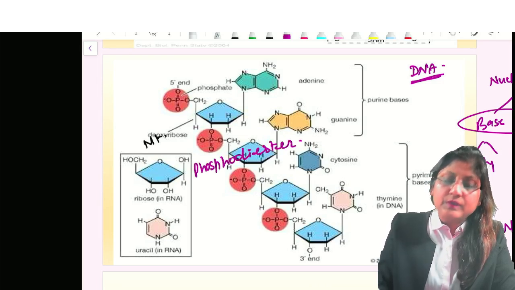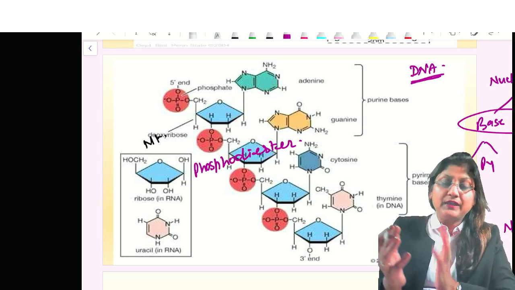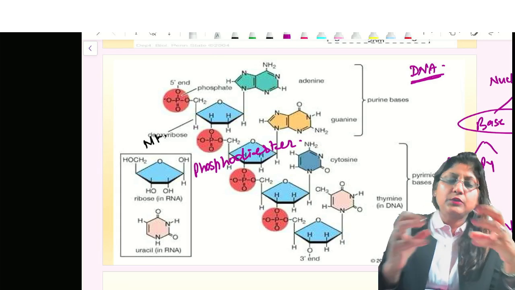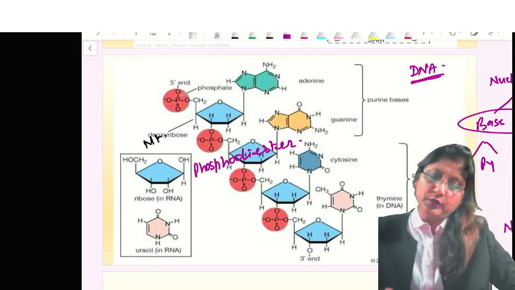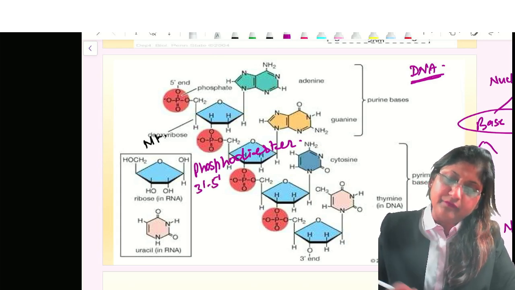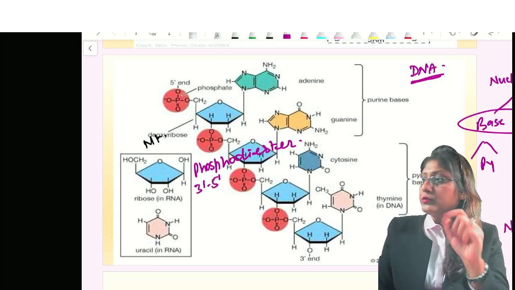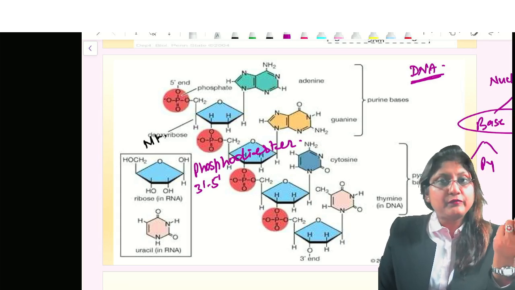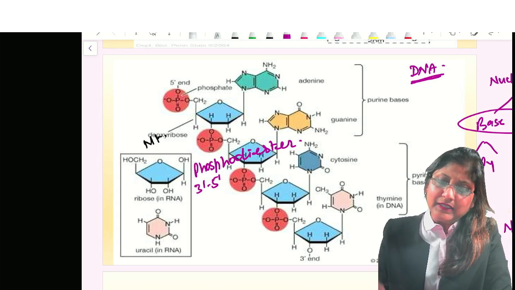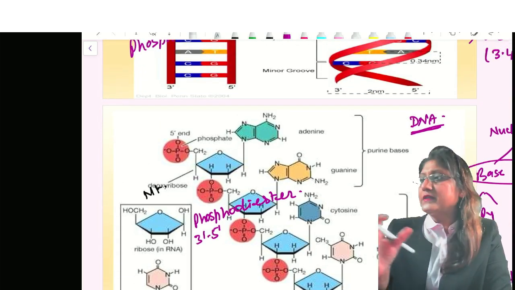To be more specific, if you want to say polarity-wise, what is the correct name for the phosphodiester bond which links the nucleotides together to make you a polynucleotide, you must know it is the 3 prime 5 prime phosphodiester bond, because it's always going to be the third hydroxyl and fifth phosphate which is going to make you the phosphodiester bond. So these are certain critical points regarding this kind of structure.